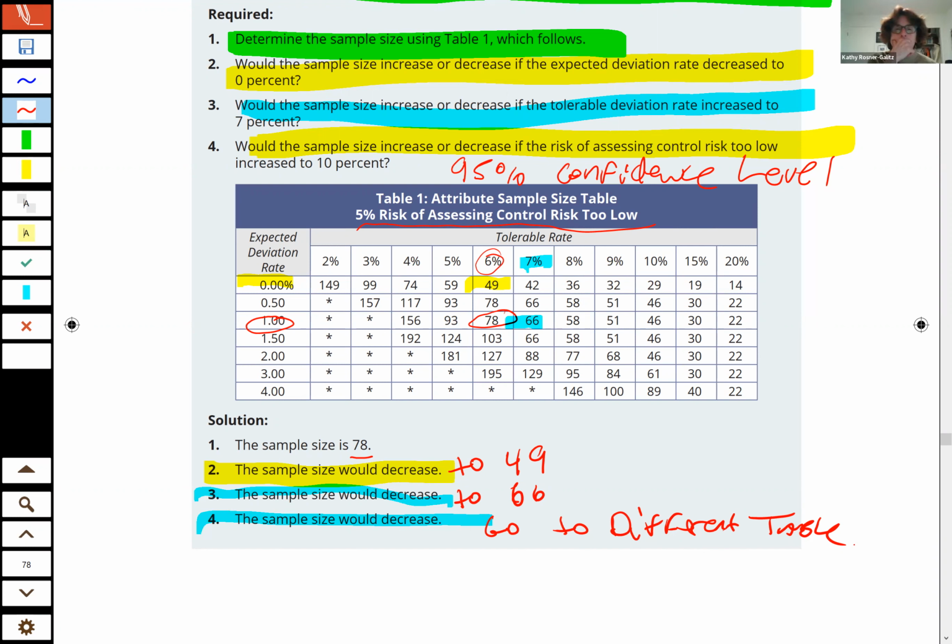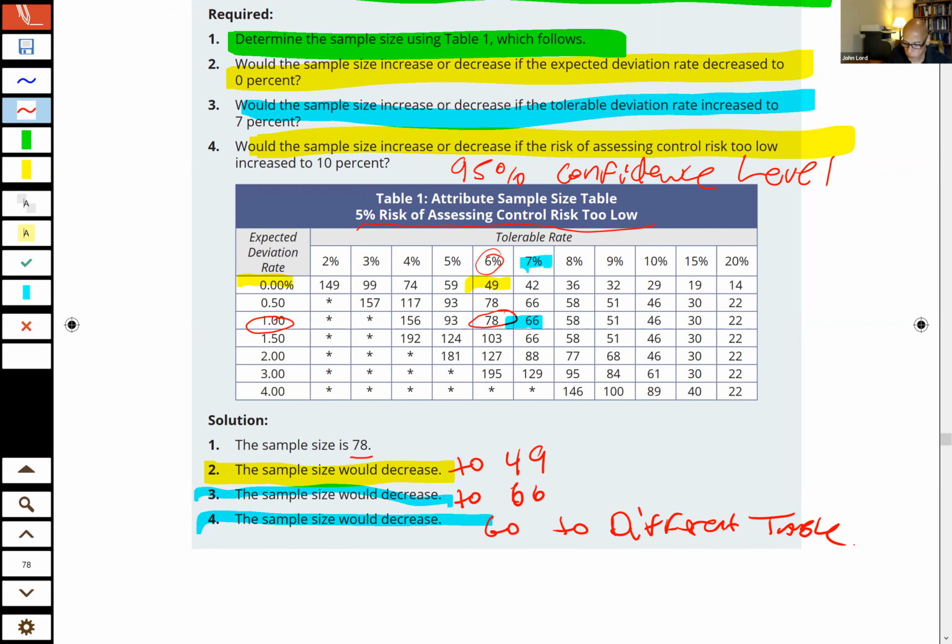If you want to lower the risk that you'll make the mistake of eating a poison apple, how many are you going to ask me to sample if there were 100 apples in the barrel? All 100. In fact, no sample size is big enough to satisfy you. So if I'm trying to avoid the mistake of assessing control risk too low, I need to get that chance down as low as I can. Thus, I need larger sample sizes.